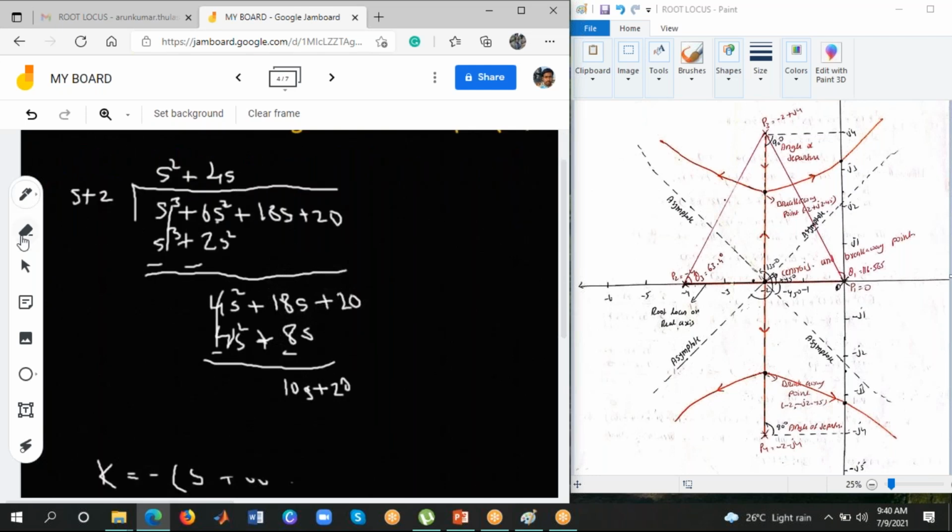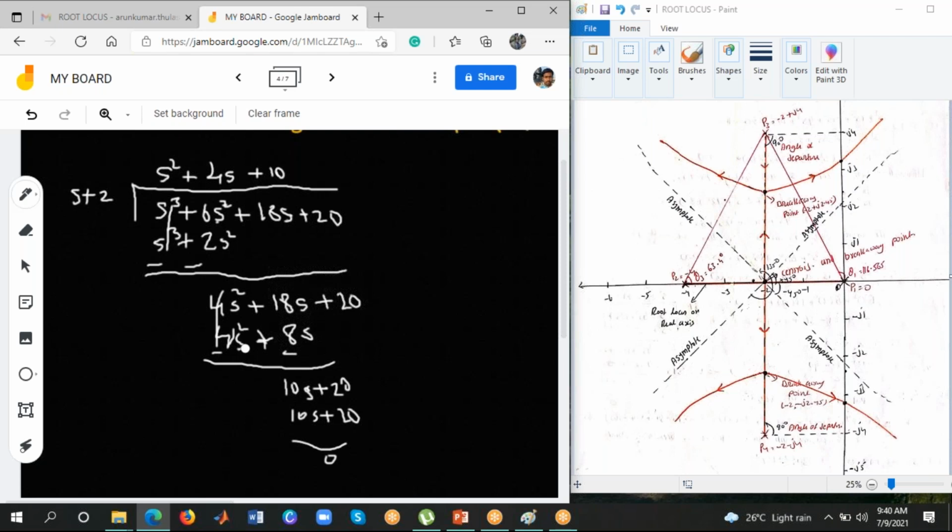Next, here there is 10s, so we have to multiply with 10. So plus 10 into s is 10s, plus 20. So you will get 0 here.